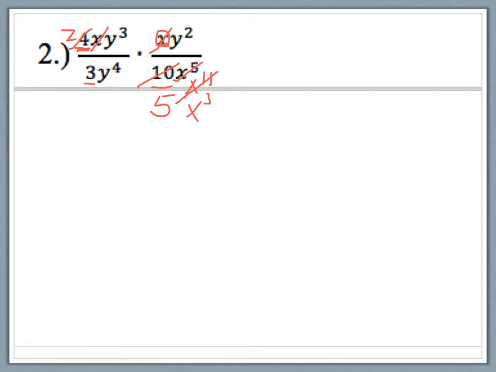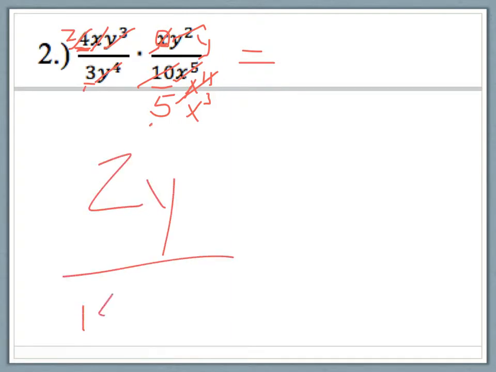Now, if we look at our y's, I have 3 y's and another 2 y's on top, so that's 5 y's. And I have 4 y's on the bottom. So I can get rid of the 4 y's on the bottom, and I can take away 3 here and take away 1 here. So I'm left with 1 y on top. Now we're just going to write what we have left. So I have 2y on top over 3 times 5, which is 15, and then I just have x to the 3rd.